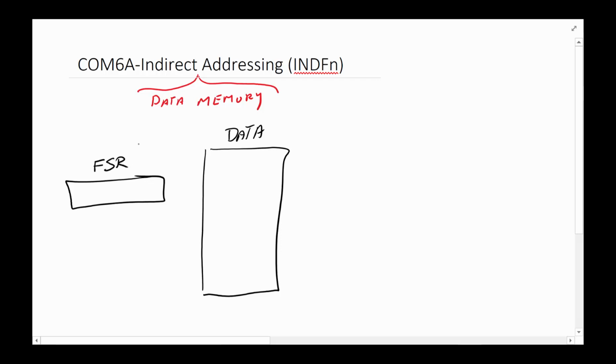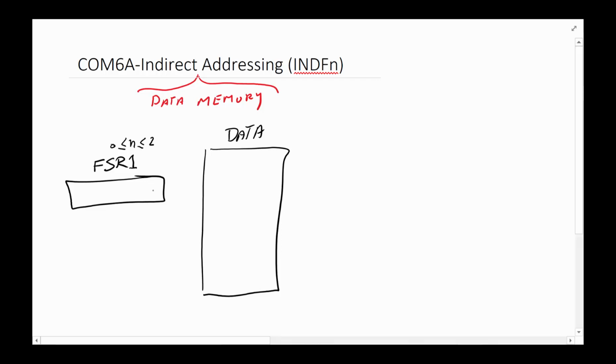And since they have multiple indirect addressing systems, they usually put a number here, 0, 1, 2. They have 3 of them in the particular PICmicro we are looking at. So this could be FSR1, FSR0, FSR2, some number N, which can be less than or equal to 2, larger or equal to 0. So those are the 3 options it can take.